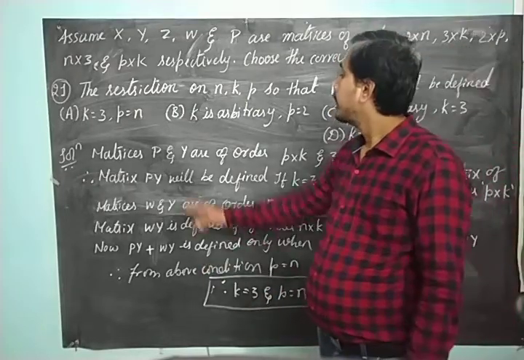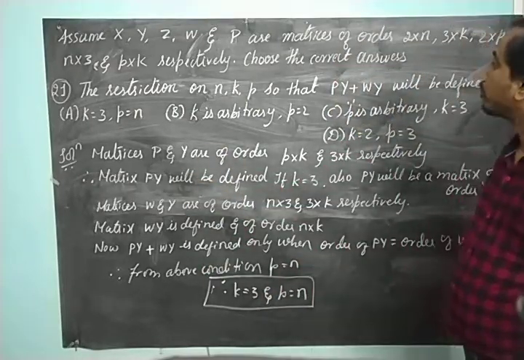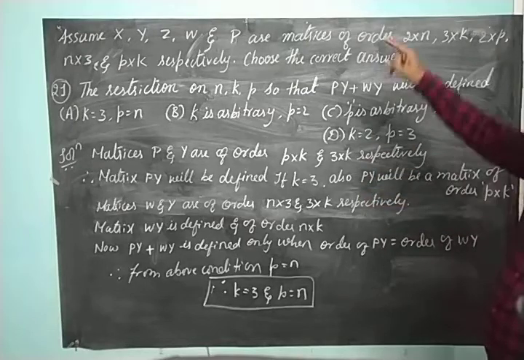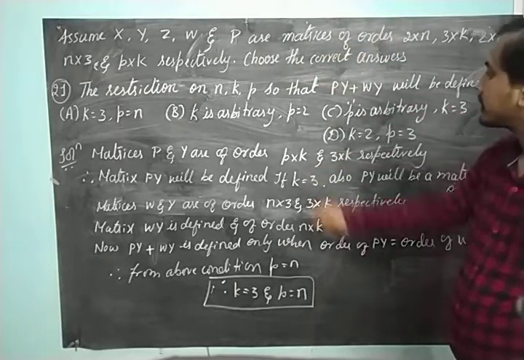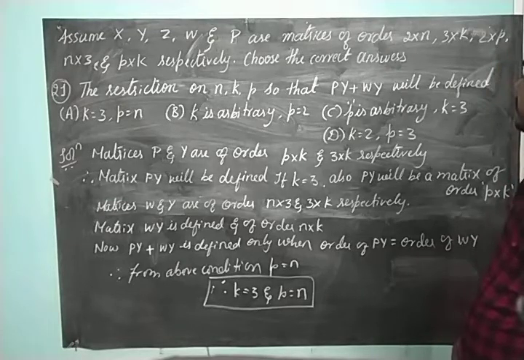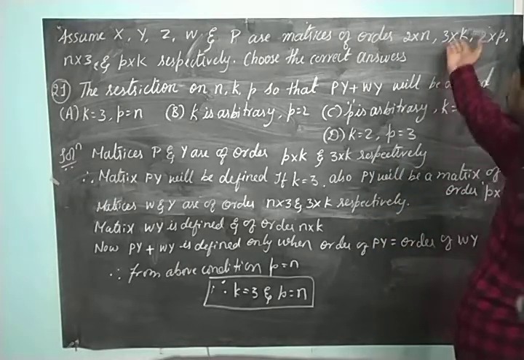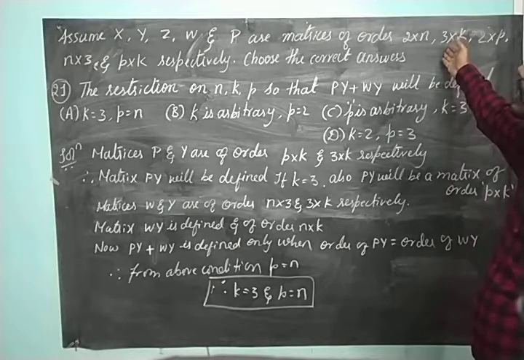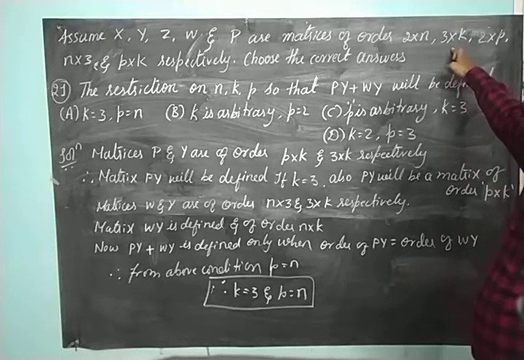Okay, so let's see here. What is the order of matrix P? Order of matrix P is p × k. And what is the order of matrix Y? That is 3 × k.